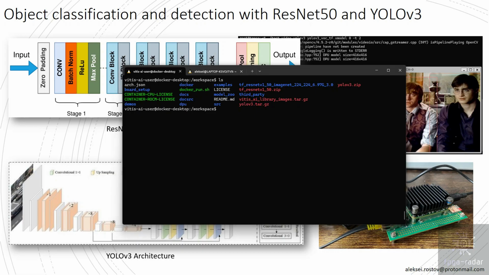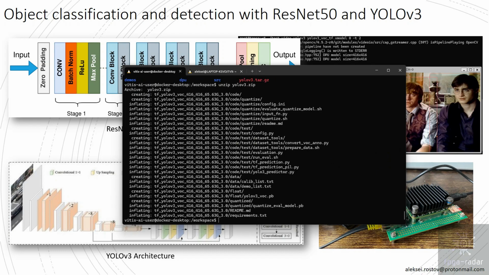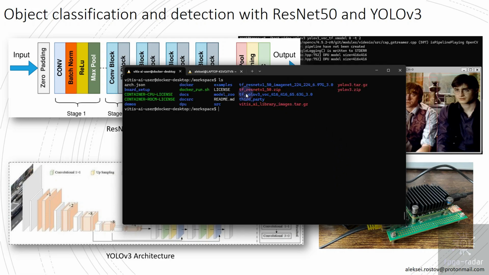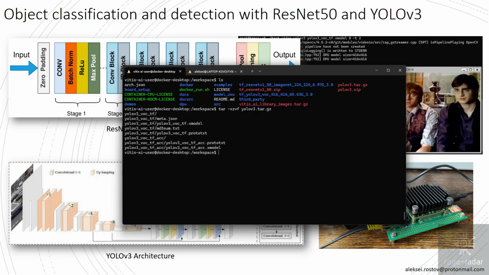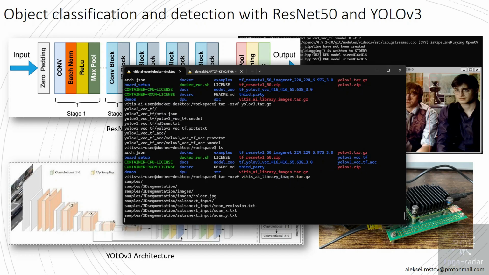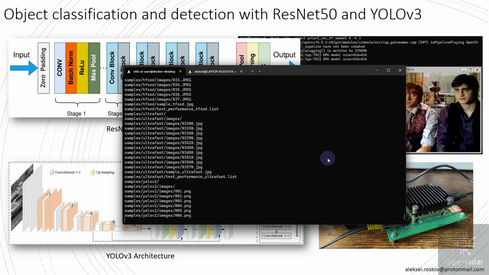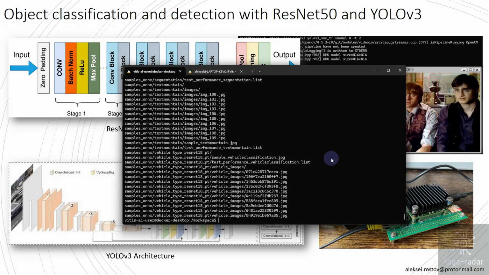So let's start with YOLOv3, for example, then the YOLOv3 target. Okay, yeah, here we have the quantized model, then the precompiled model. Here I have also two folders with the precompiled model, and the last one is the Vitis AI library images. Okay, done.